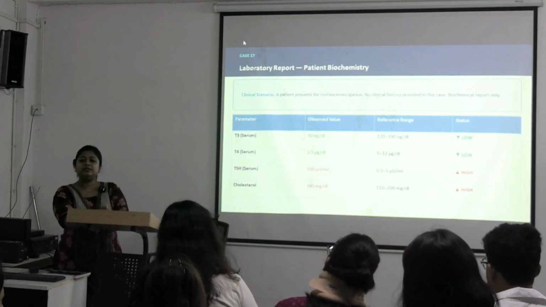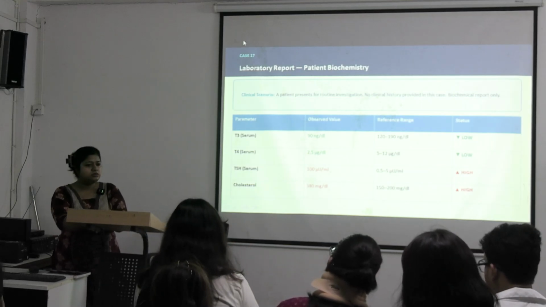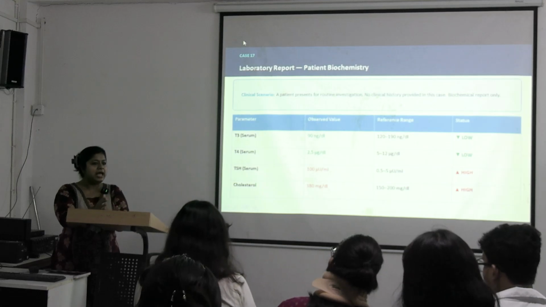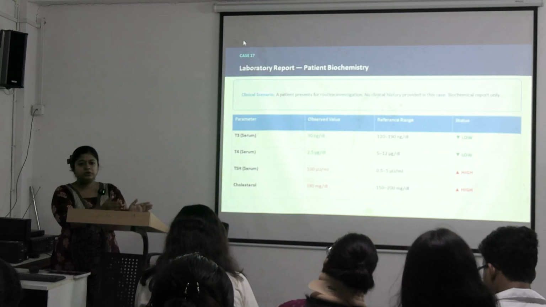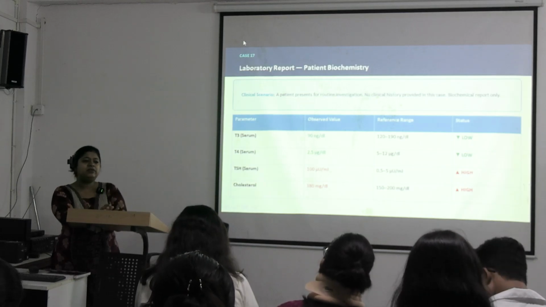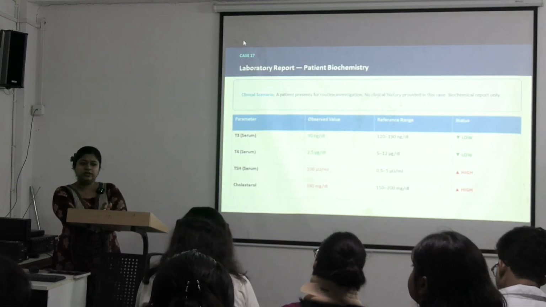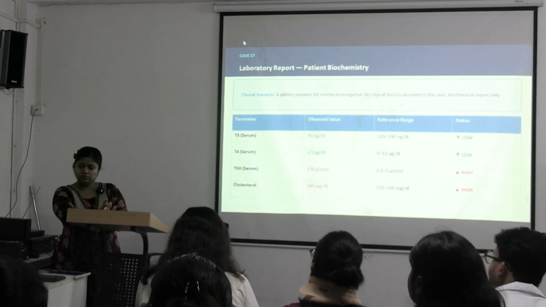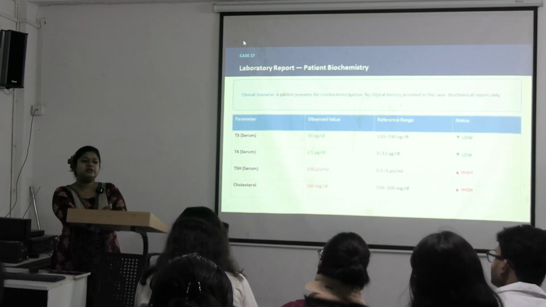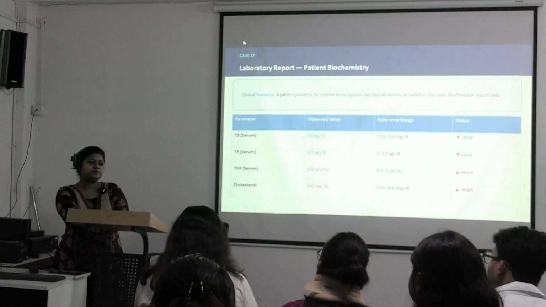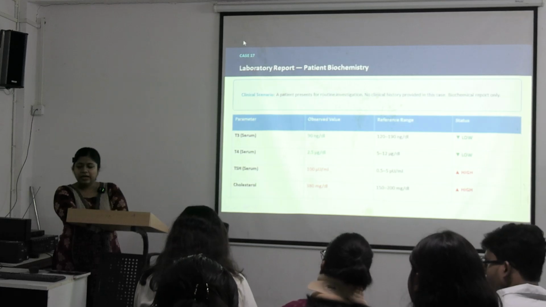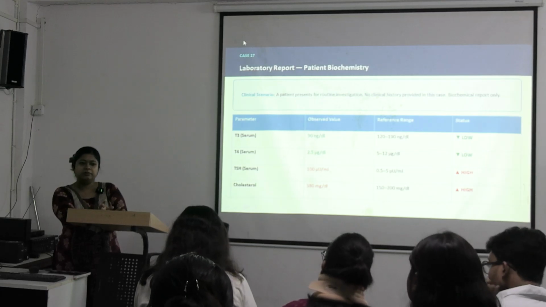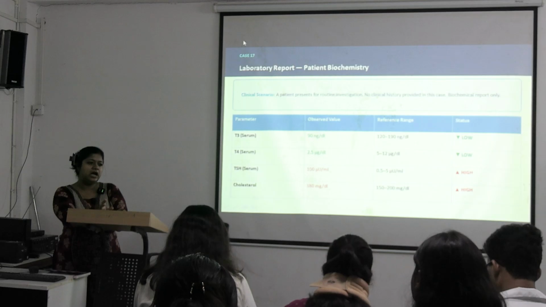So when there is hypothyroidism, metabolism will be slow, leading to an anabolic phase. Catabolism will be slow, so the anabolic phase will rise, and that will lead to accumulation of substrates. So the result will be obesity, weight gain, and there will be inflammation because of that unnatural accumulation.